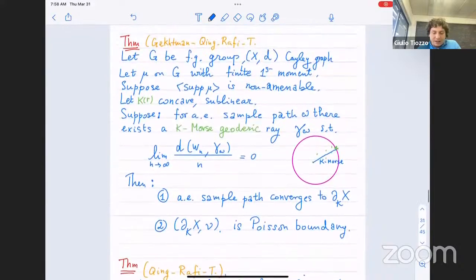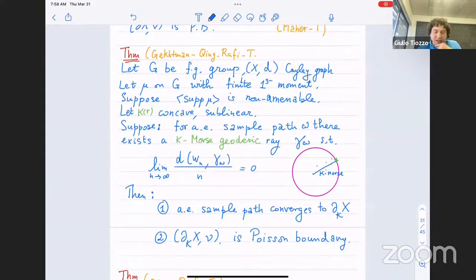We had that almost every simple path sublinearly tracks a Kappa-Morse geodesic. So the first thing you have to prove is that if a path sublinearly tracks a Kappa-Morse geodesic, it does converge in the Kappa-Morse boundary to this geodesic. And then the second is that you have the sublinear tracking, and this is explained.